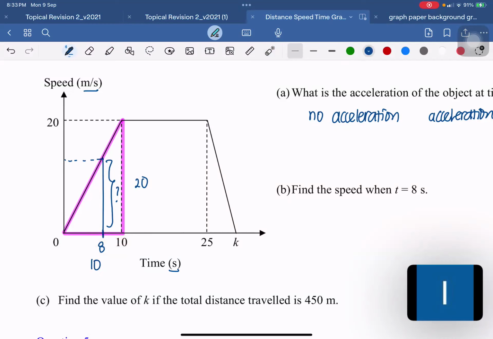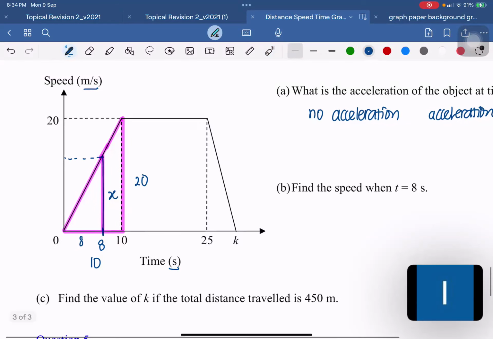It lies on the same straight line, so I actually have a similar triangle, correct or not? What is the height here? I do not know, I want to find it. Let me call this portion x. Then what is my base here? 8.